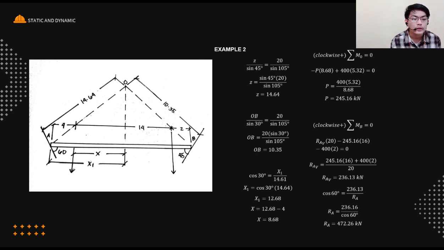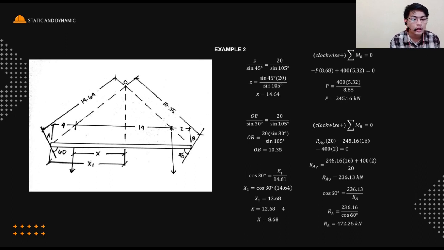Then moving forward, our AV would equal 245.16 times its moment arm, which is 16, plus our 400 multiplied by 2, and that's our forces when they are transposed to the right side and their signs change. Then we divide it by 20 to isolate our RAV, which leads us to RAV being 236.13 kilonewtons.